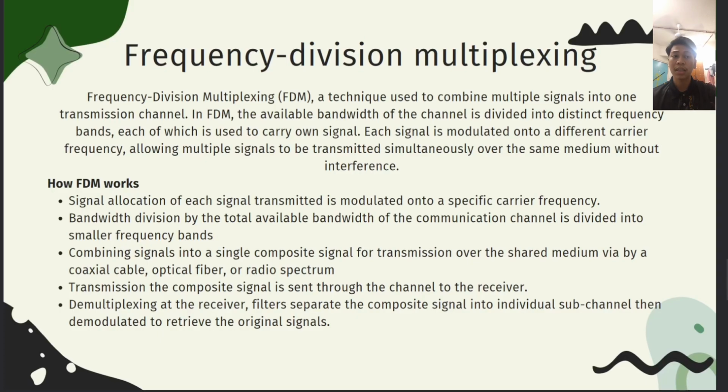Transmission: the composite signal is sent through the channel to the receiver. Demultiplexing: at the receiver, filters separate the composite signal into the individual sub-channels, then demodulate to retrieve the original signals.